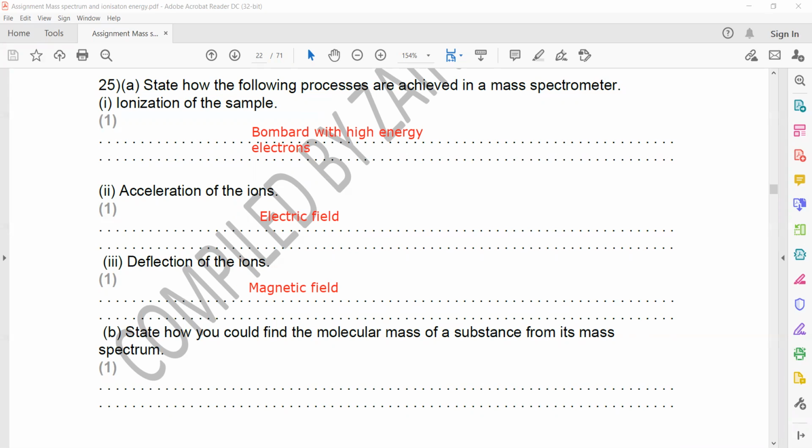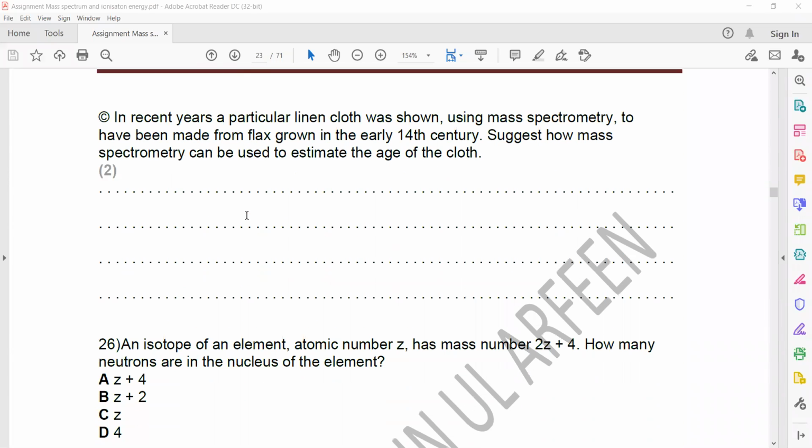So the molecular ion multiplied by the charge will give the mass of this isotope or the molecular mass.